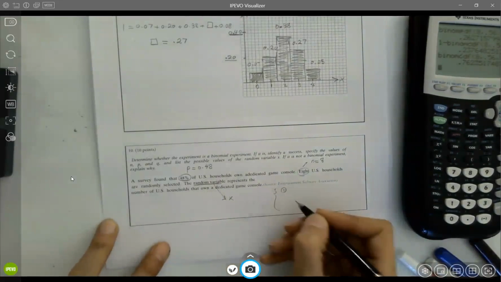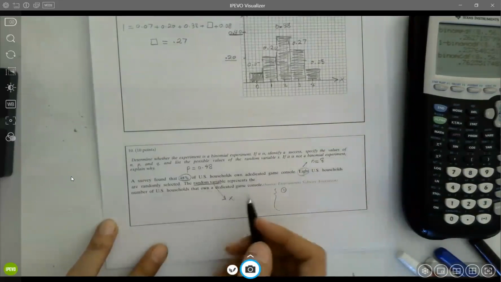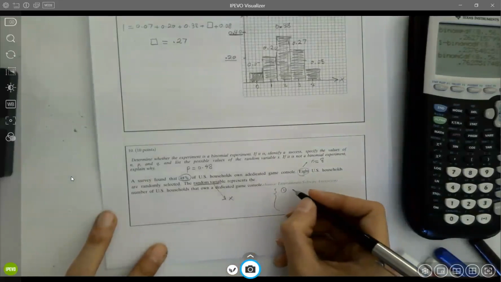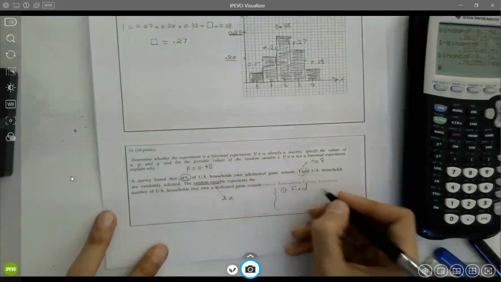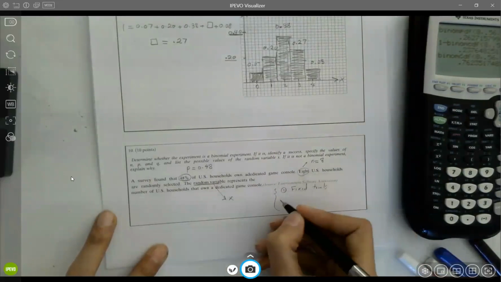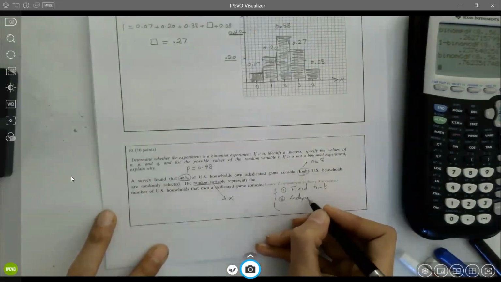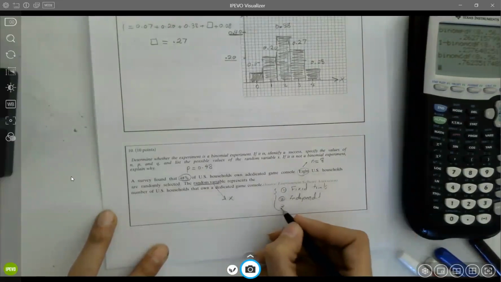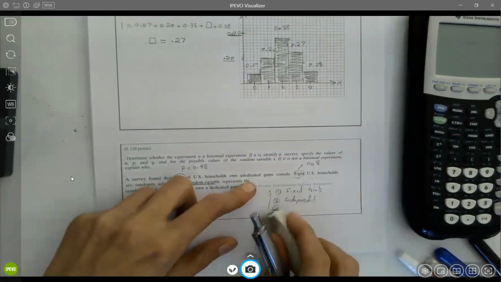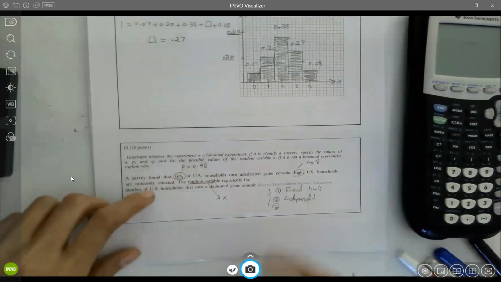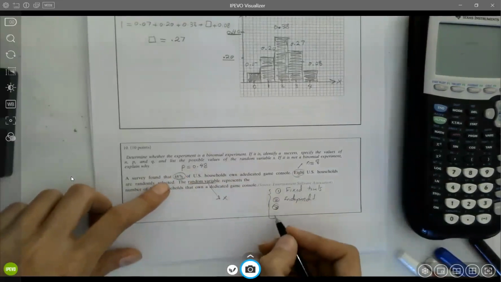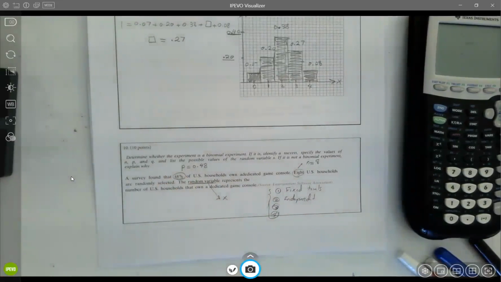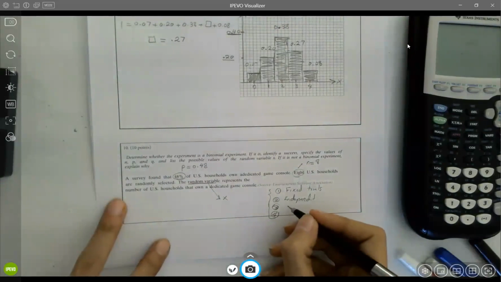So first of all, what do we have here? Each household is independent from each other. So you get 1, fixed trials, 2, independent from each other, 3, you only have 2 outcomes.